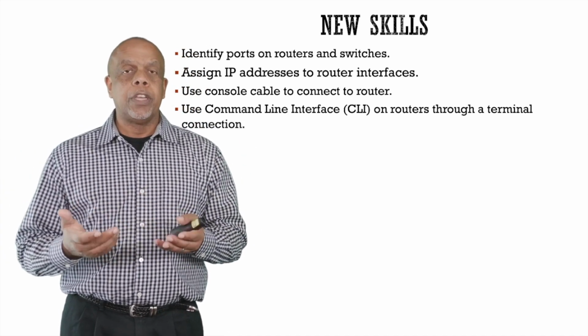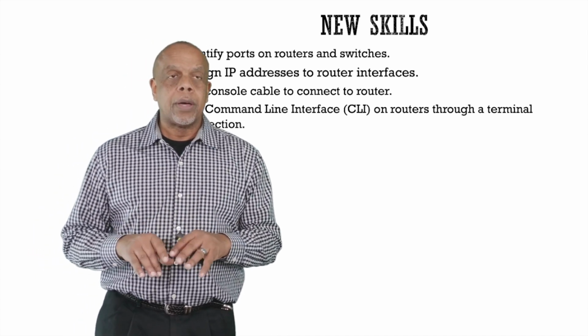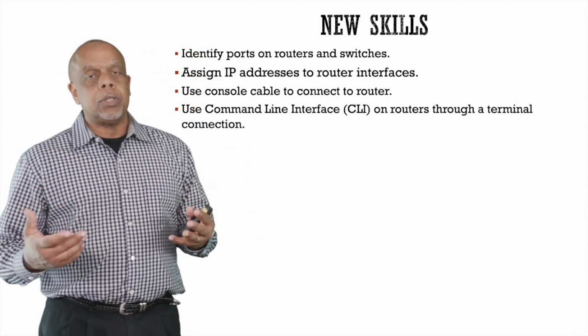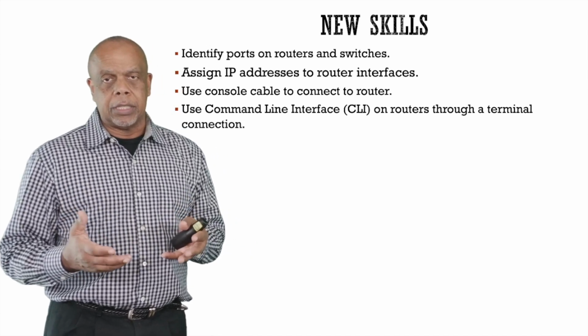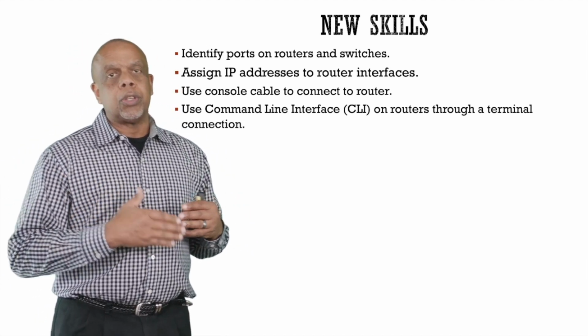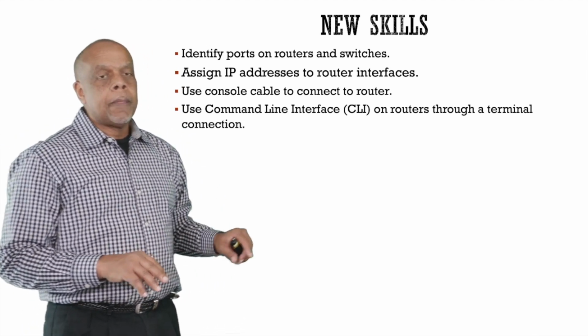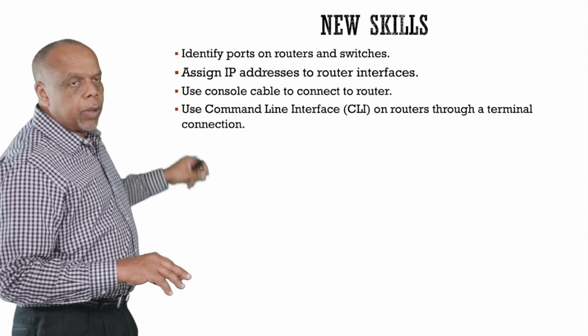So how do you configure a router? Well, to do that, we would log into that router through some type of remote device, some type of PC that we can connect up with an RS-232 connection and remote into the router, so we can actually configure it. Okay. So we're going to walk through how to do that as well.